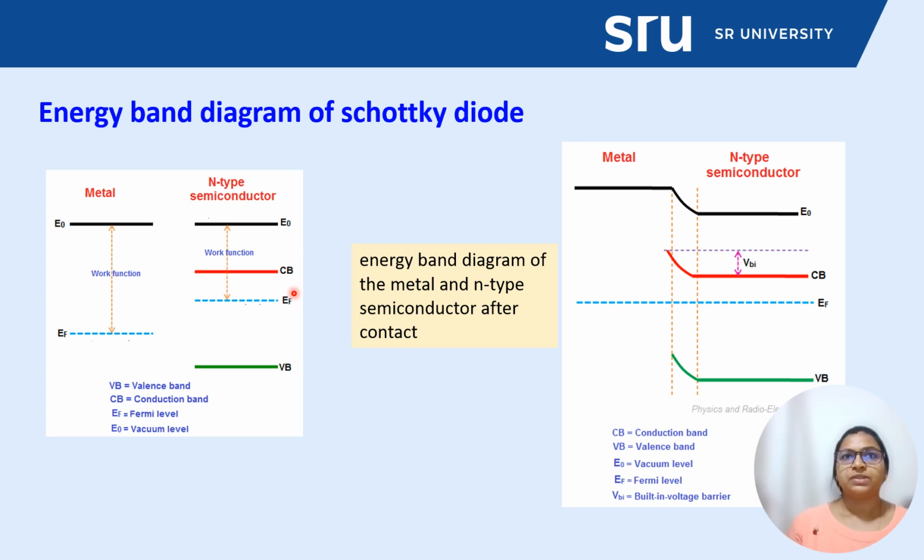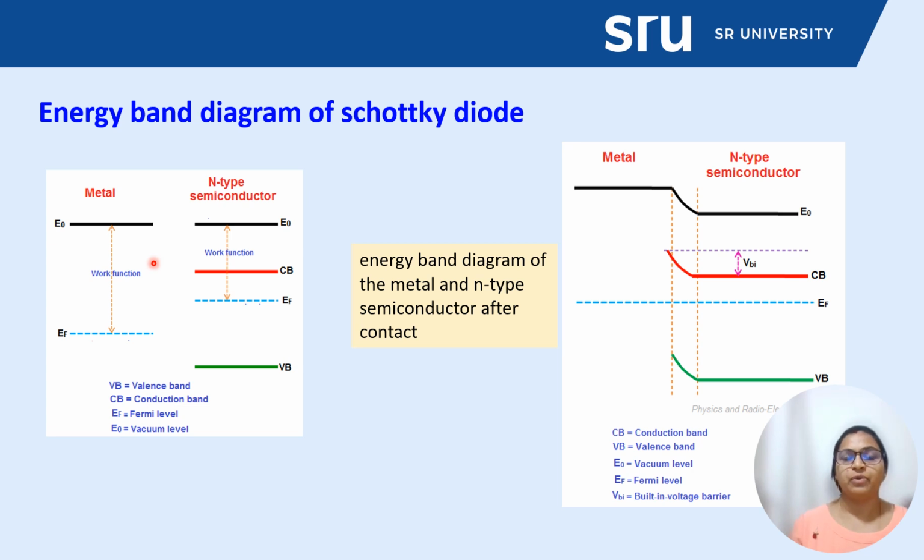Let us see the effect of this energy level and how we can analyze it. The vacuum level is nothing but the energy level of the electrons that are outside the material.